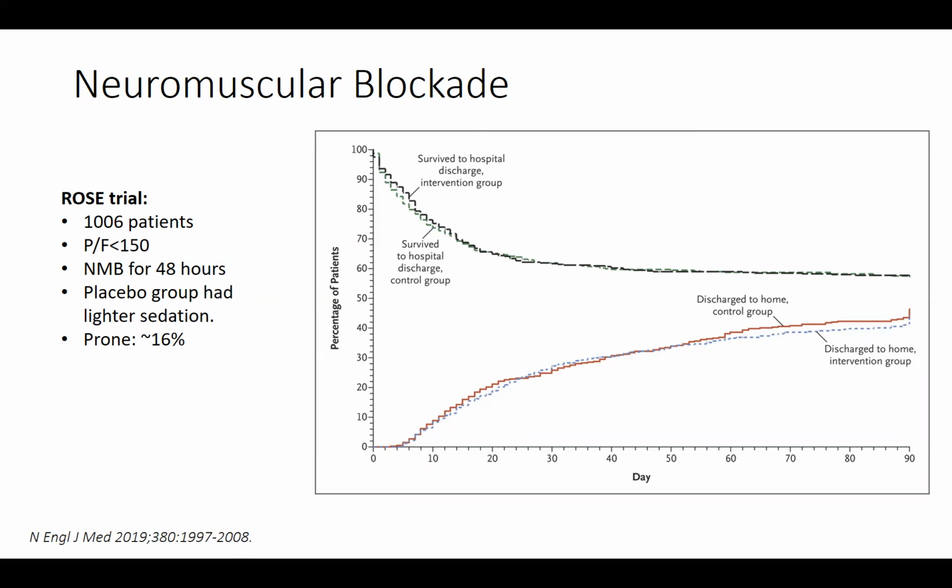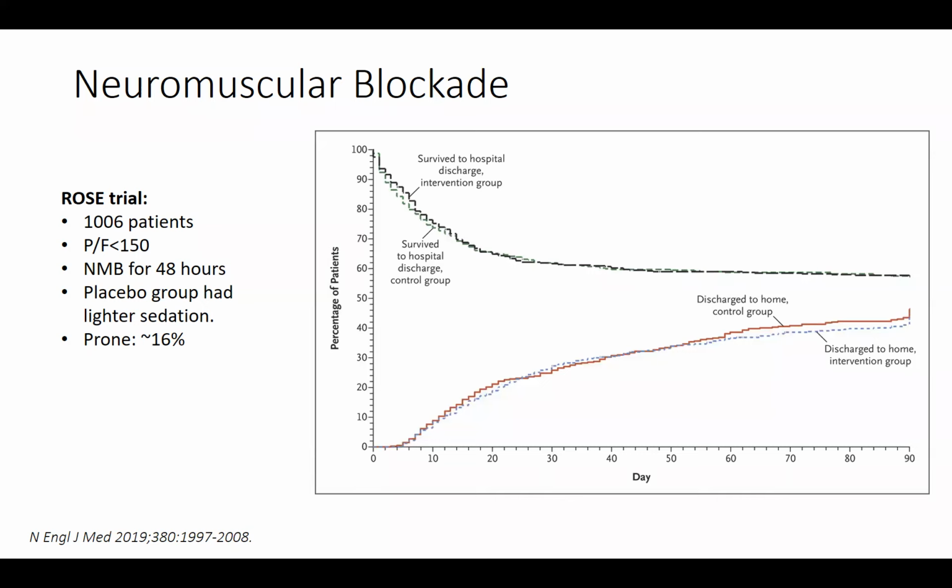But one important difference is that the placebo group did not get deep sedation because they didn't need it, so they just gave them light sedation, which I think is more reasonable. But they didn't prone many people, only about 16%, which I think is not great, but more representative of a real world experience. And they didn't really find any difference between the two groups.